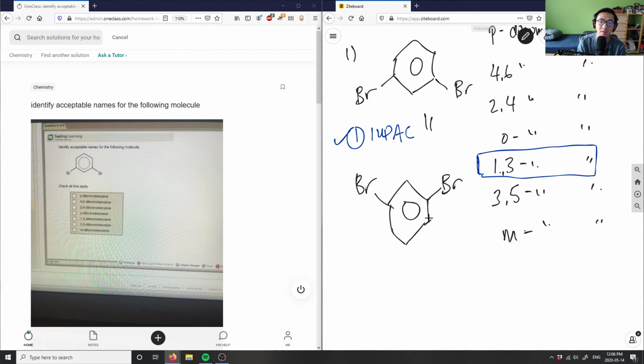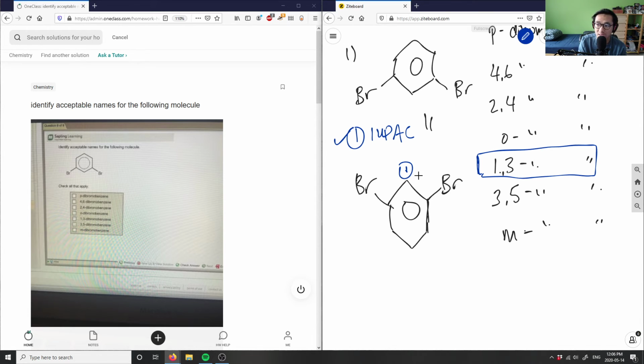It's exactly the same structure. So in this case, my carbon 1 is always on this guy here, and then everything else is relative. You can think of this as the ortho meta para naming way.